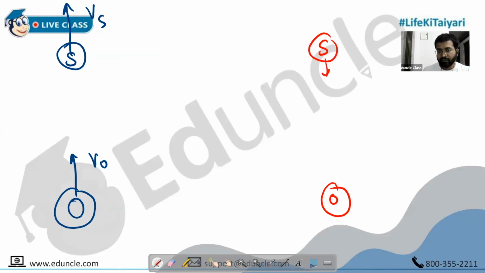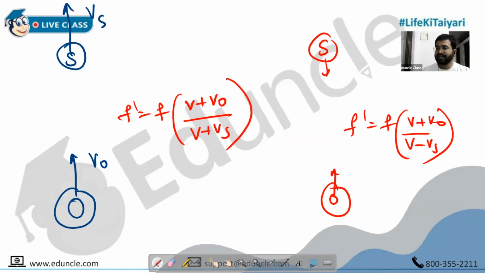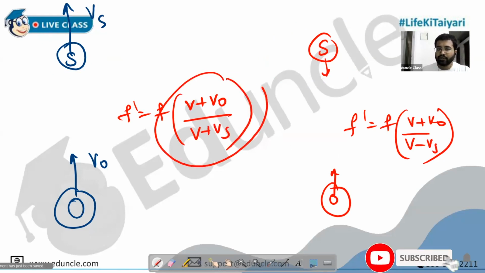Moving towards each other. You know what is the formula for towards each other? It's V plus VO upon V minus Vs. Now, respectively, you have to create an identical formula. The observer's direction is the same, so V plus VO will not change. But the source is reversed. So V minus Vs will become V plus Vs. Like I said, when the observer chases the source, both become plus V.